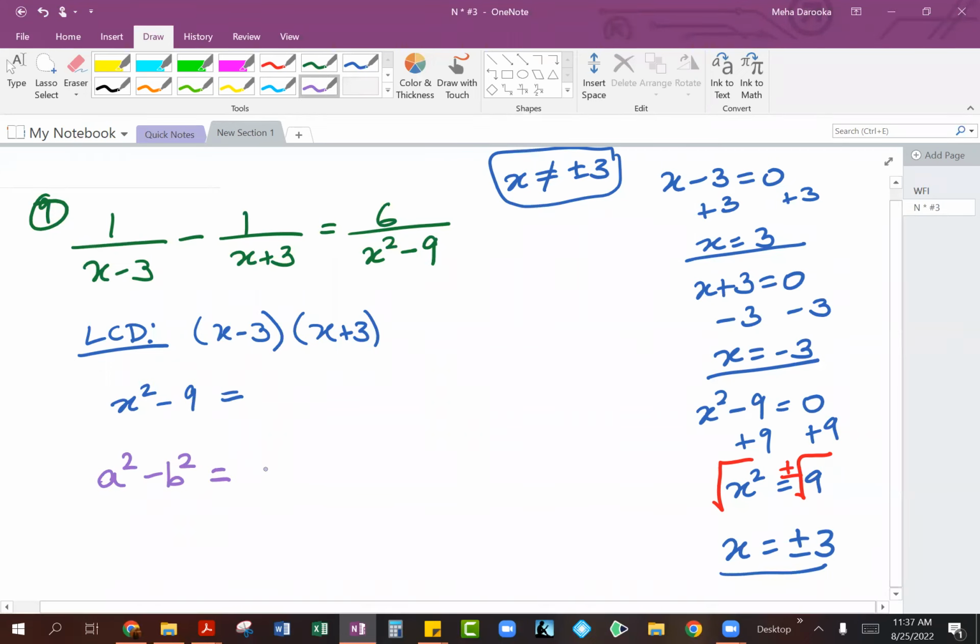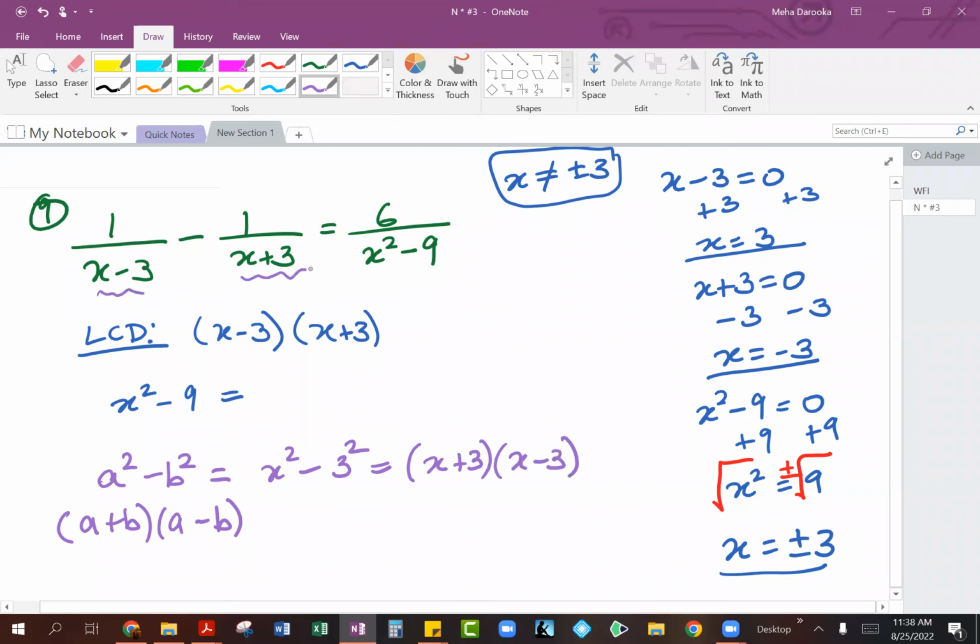And then if you think about it, I can write that 9 as 3 squared, 3 times 3. So it is in the form of a squared minus b squared, and a squared minus b squared factors into a plus b and a minus b. So using that same idea, this guy will factor into x plus 3 and x minus 3, which, as you can see, comes out to be those other two denominators that we had in there.